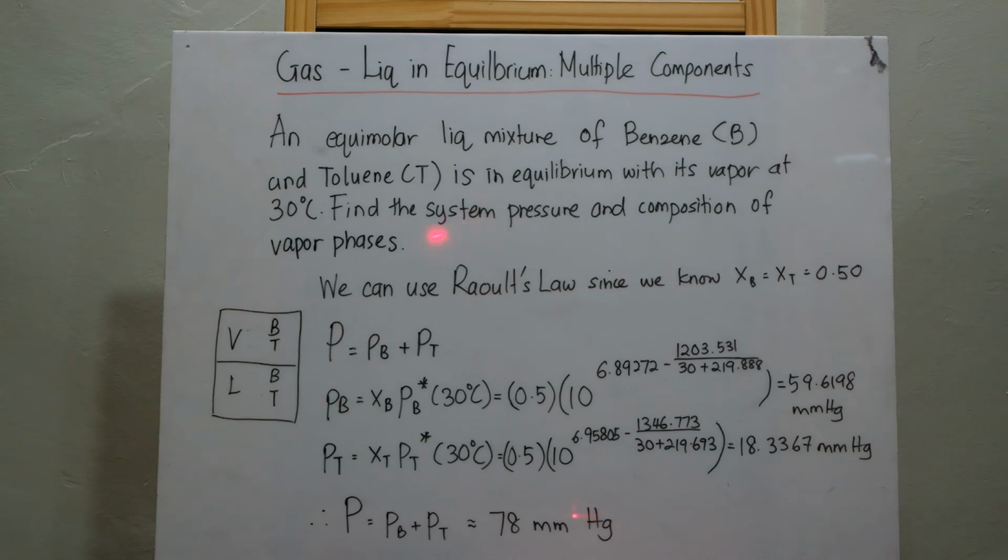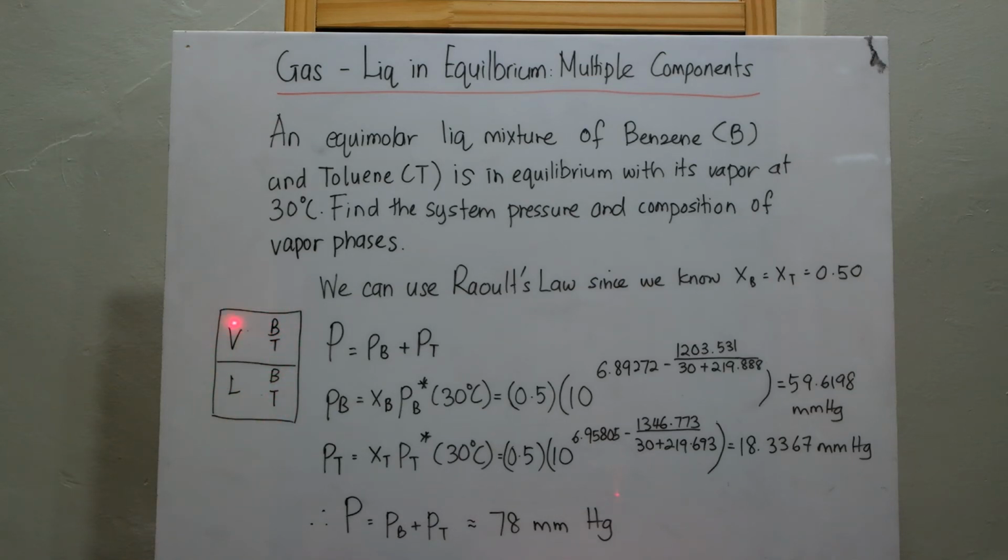To find the system pressure, we know the system pressure is a summation of the partial pressures in that system. Our system only contains benzene and toluene, enclosed in a container like this. We have a liquid which is equimolar benzene and toluene, and its vapor is saturated with benzene and toluene.